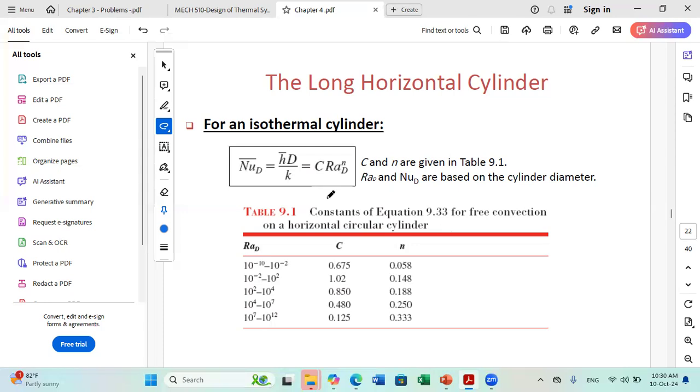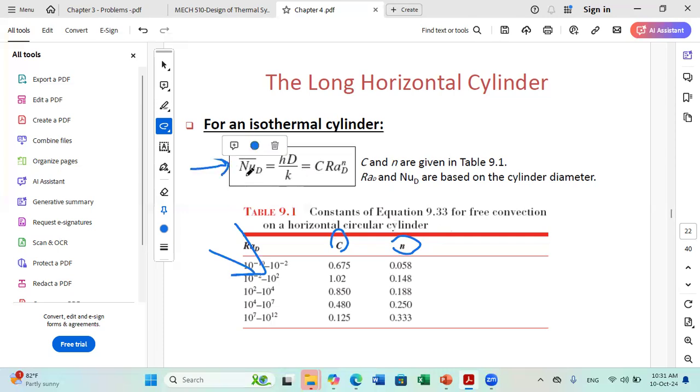But if you don't find the range of interest in your case in this table, you can go to the wider formula, a formula that will always work. Depending on the Rayleigh value, they gave us what C and N should be.